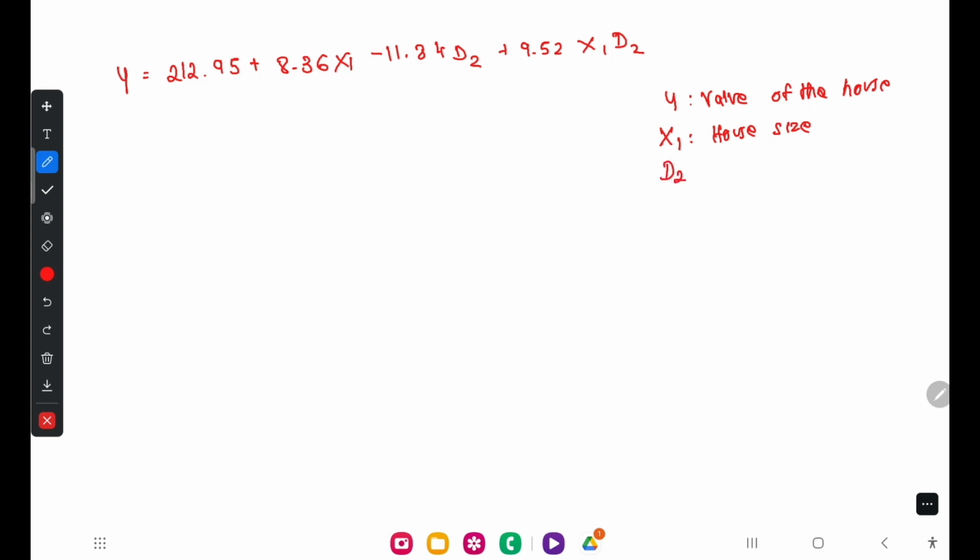D2 is 1 if there is a garage. Then we have X1 into D2, which is the interaction term, house size into garage.